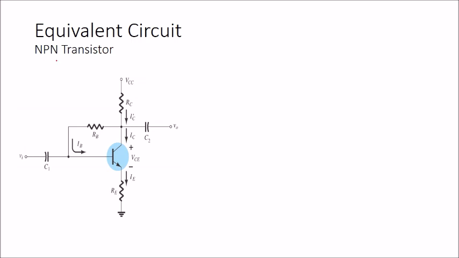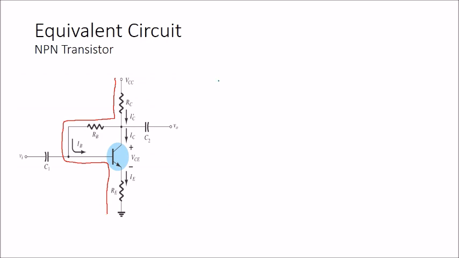For the BE loop, we start with VCC, then go to RC, then to RB, then to the base terminal, then to the E terminal, and then RE. Finally, we have the ground. So this is the complete BE loop.